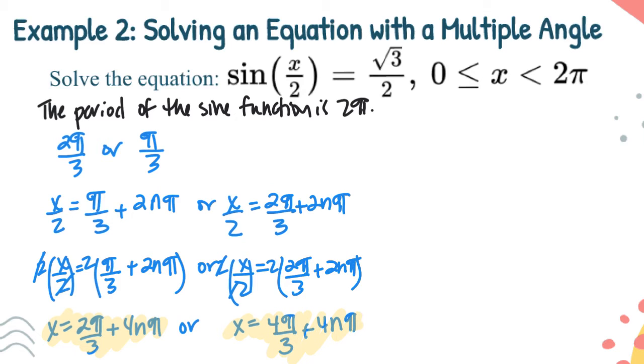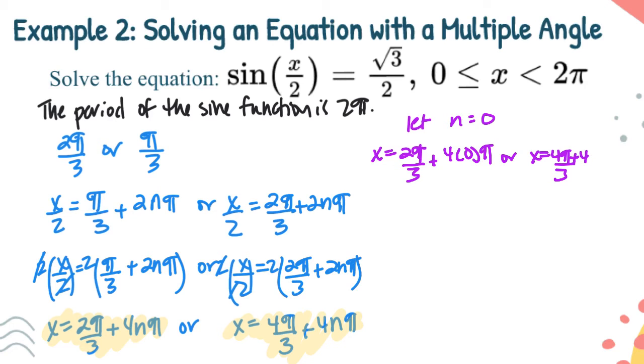And we can start with n equals 0. So if we let n equal 0, we can say x equals 2 pi over 3 plus 4 times 0 pi, or x equals 4 pi over 3 plus 4 times 0 pi.